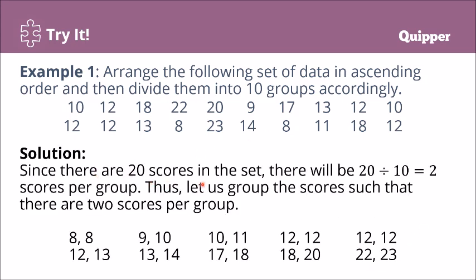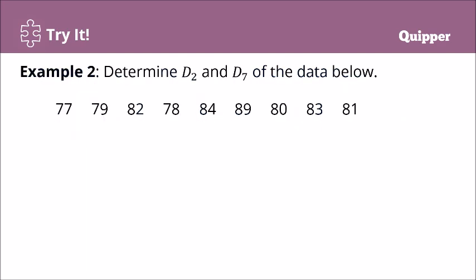Since there are 20 scores in the set, there will be 20 divided by 10, which is equal to 2 scores per group, because we will make 10 groups. Thus, let us group the scores such that there are 2 scores per group: 8, 8, 9, 10, 10, 11, 12, 12, 12, 12, 13, 13, 14, 17, up to 22, 23.